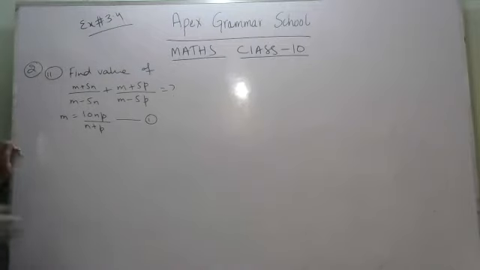Through this, first we need to find m plus 5n over m minus 5n.